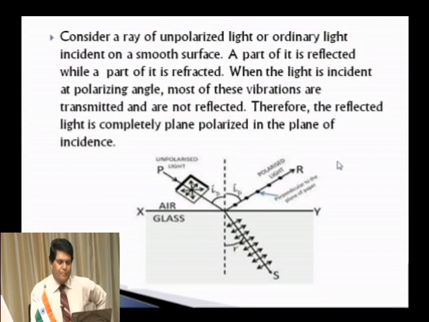Now suppose you are able to control the angle of incidence. If you go on increasing the angle of incidence from the normal, we will find that we get a good amount of polarized light.